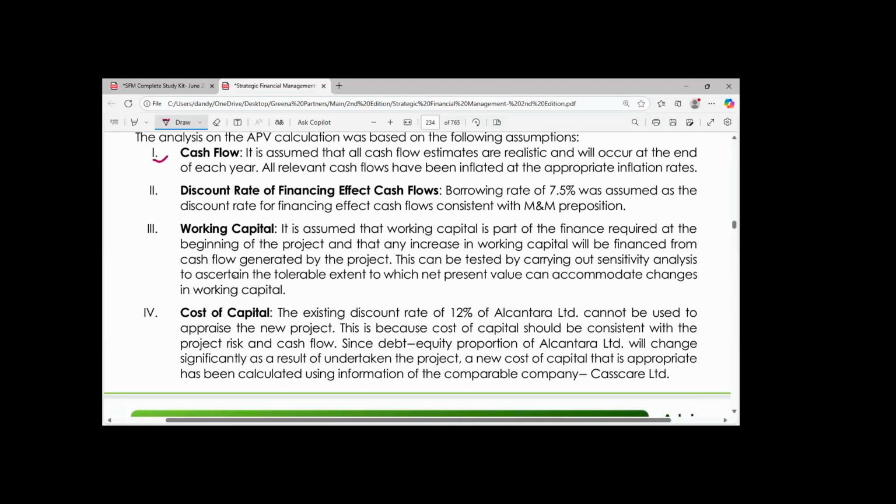Like I told you, M&M are the two controversial guys that developed adjusted present value, and they failed to tell us the borrowing rate to be used for appraising cash flow arising from financing effect. Therefore, you are at liberty to either use borrowing rates or risk-free rate of return. So based on our own calculation, we assume the borrowing rates as our discount rates.